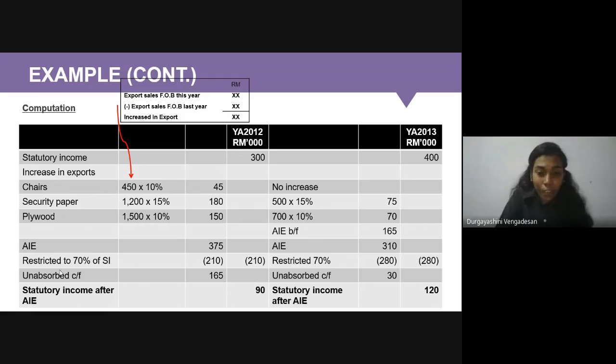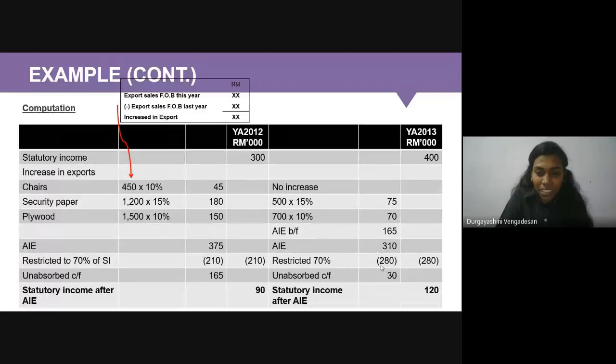Then we have to bring forward the unabsorbed allowance for increased export. So the allowance for increased export brought forward is 165,000. We have to add this all, then we will get 310. Then we use the same method: we have to minus 70% of statutory income. 400 times 70%, we will get 280.